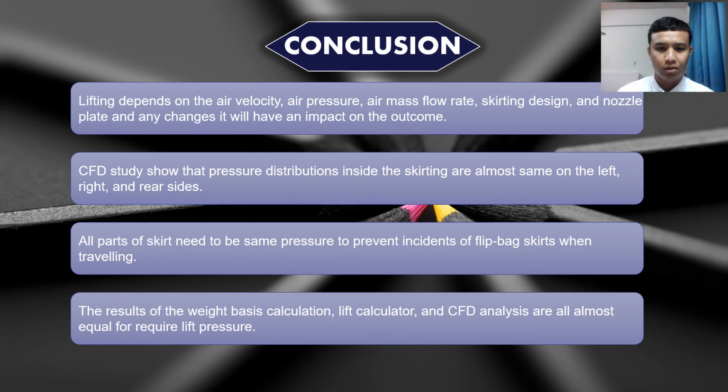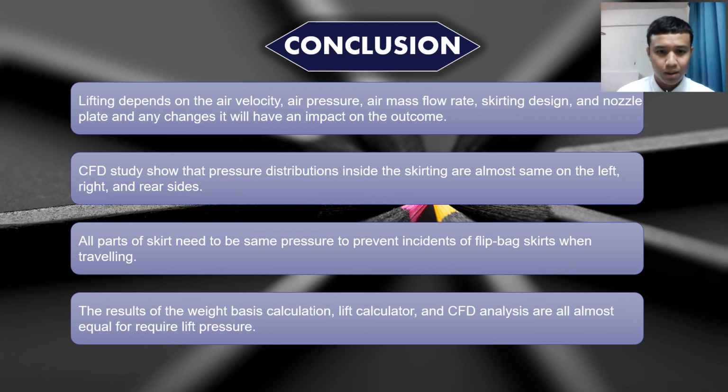Okay, for the conclusion, lifting depends on the air velocity, air pressure, air mass flow rate, skirting design, and nozzle plate, and any changes will have an impact on the outcome. The CFD study shows that pressure distribution inside the skirting is almost the same on the left, right, and rear side.